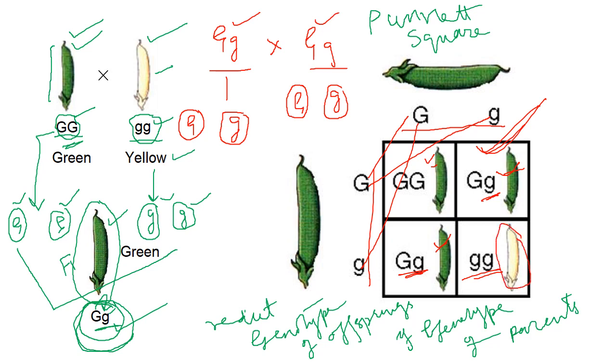But if you look at this, the parents were both capital G and small g. They both had green color pods, but in the F2 generation we have one plant which has yellow color pods. So what was in the parents that gave one plant with yellow color pods?